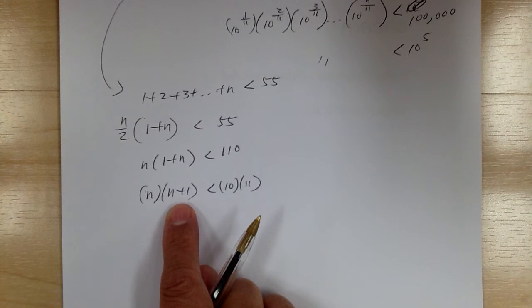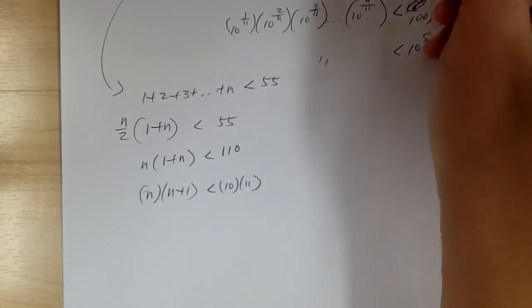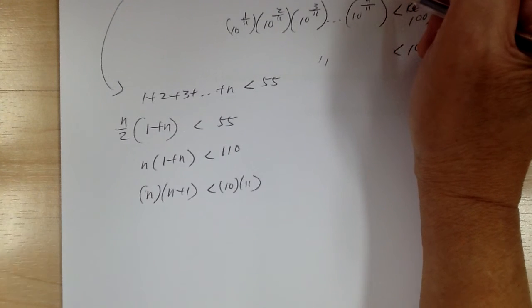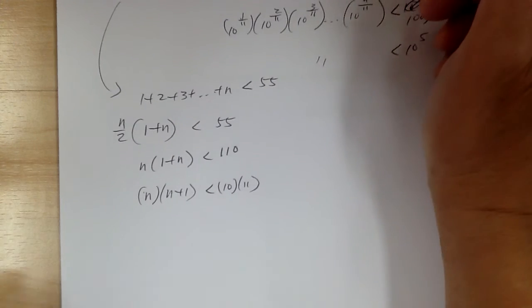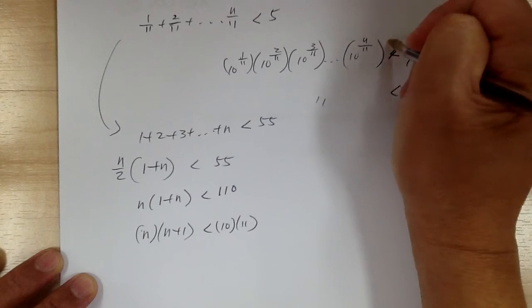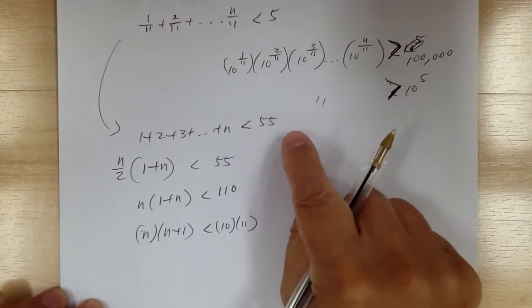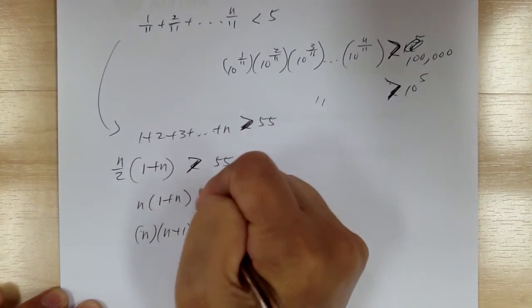Oh, I have this backward. Looking for the smallest value, so you want to have this greater than. You're looking for the smallest n such that this is greater than that. Okay, there we go.